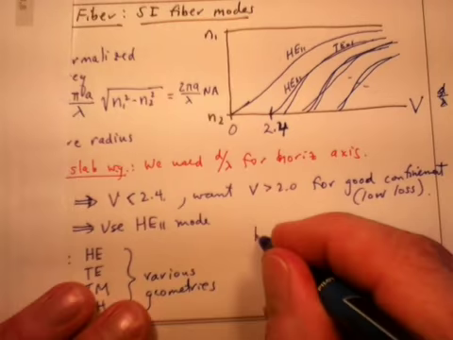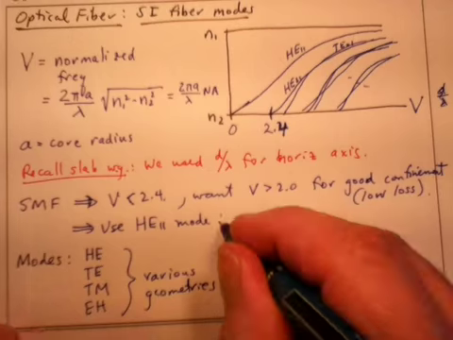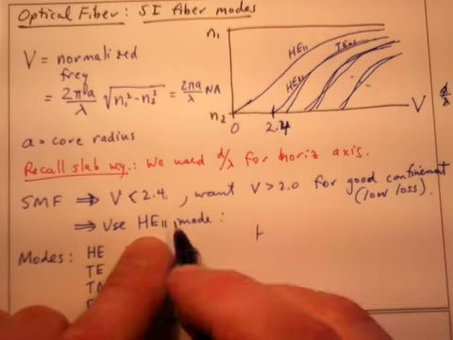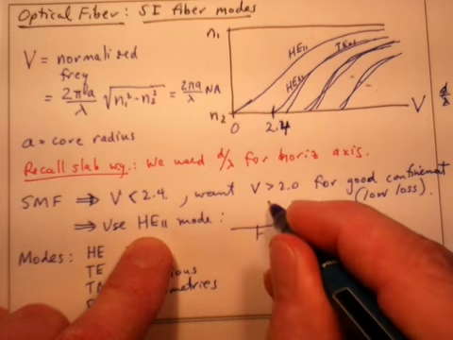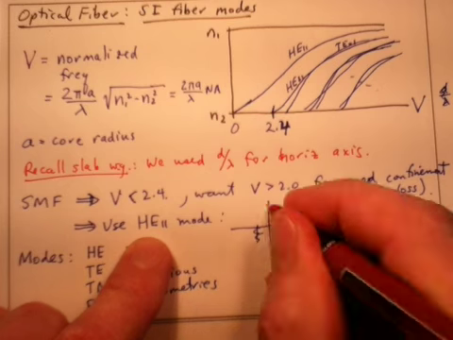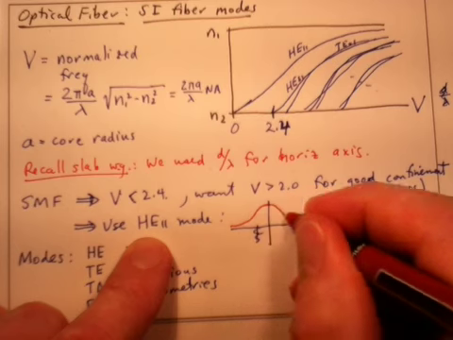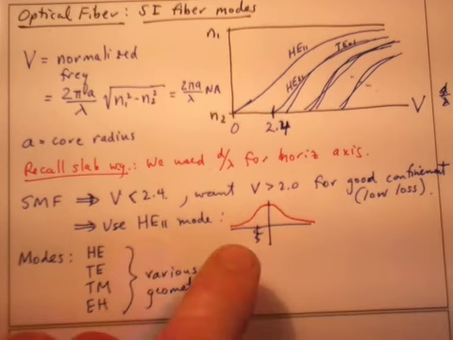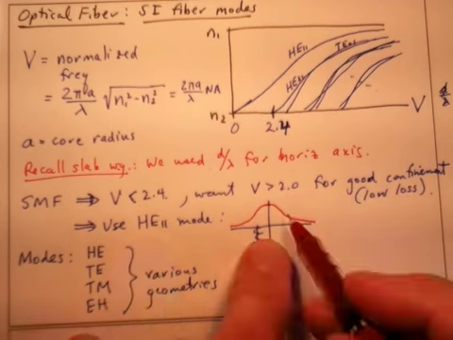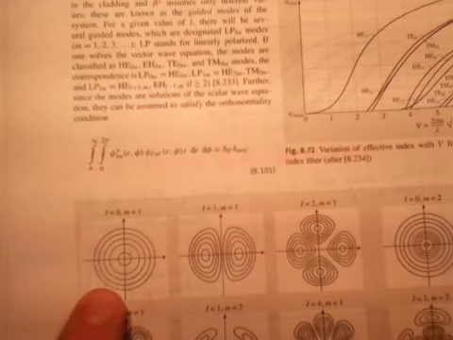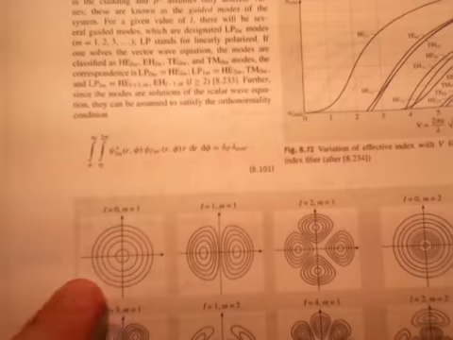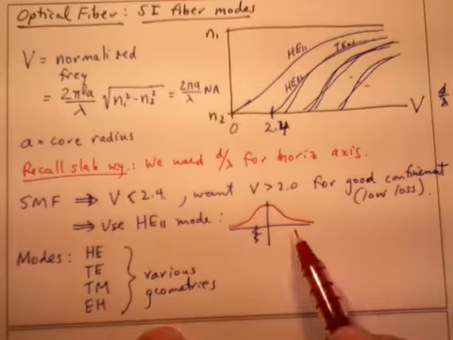So the HE11 mode is that beautiful mode that we're after with the Gaussian profile, and this Gaussian profile will give rise to this circular mode profile geometry.